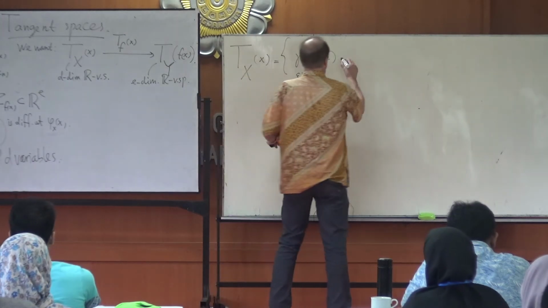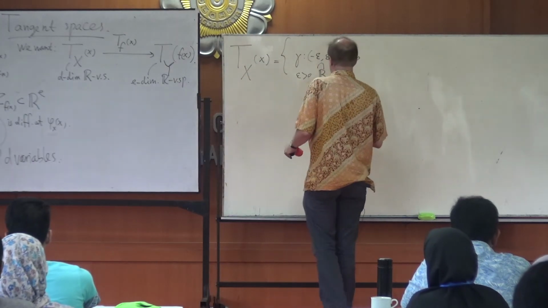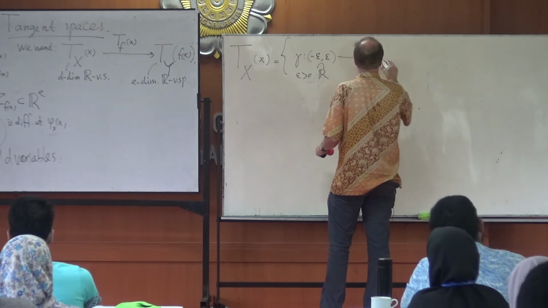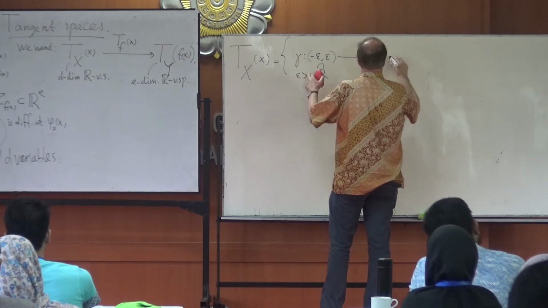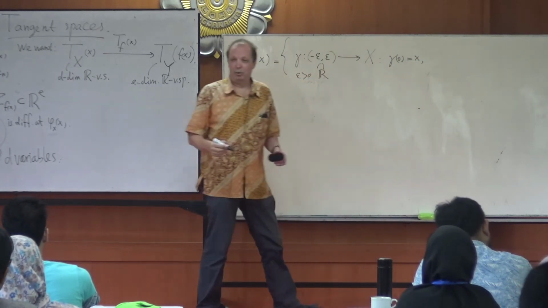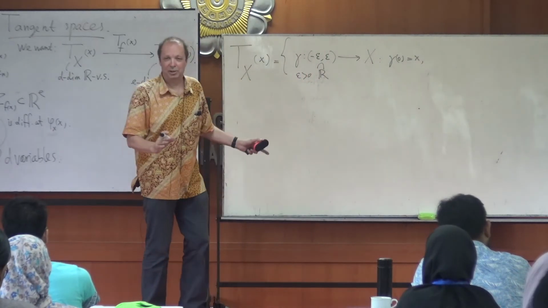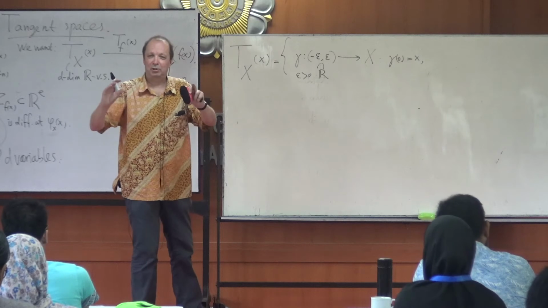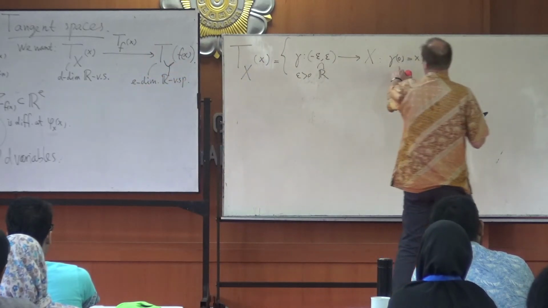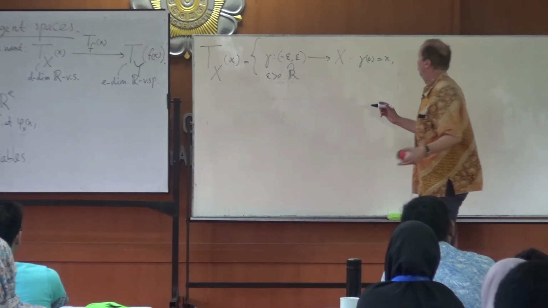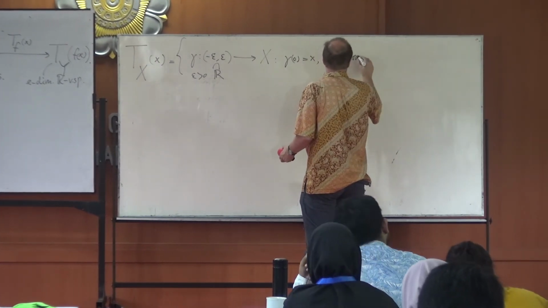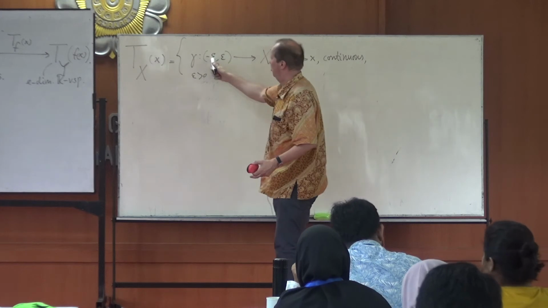So I go to x, such that gamma of 0 is my point x, okay? So you should draw a picture in your mind of this. I look at the curve, but this curve should be continuous, at least because I have a topological space here.